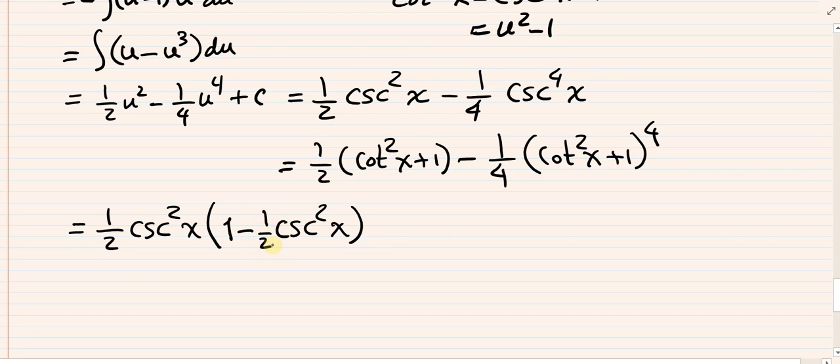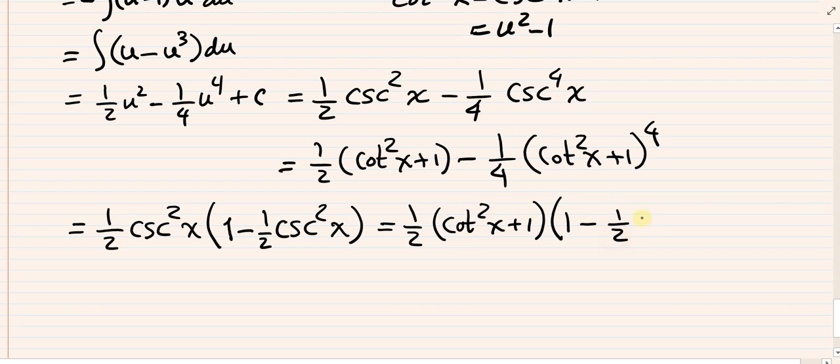There you go. When you redistribute, it's going to work out. Okay, and then we can replace cosecant with cotangent at this stage. So this is going to be cotan squared x plus 1 times 1 minus 1/2 cotan squared x, right?